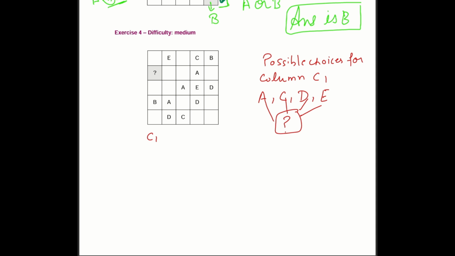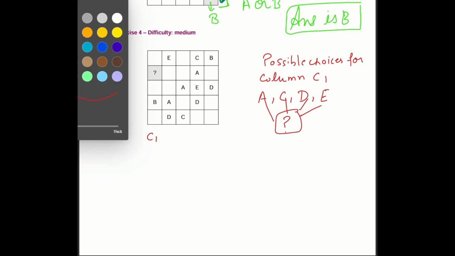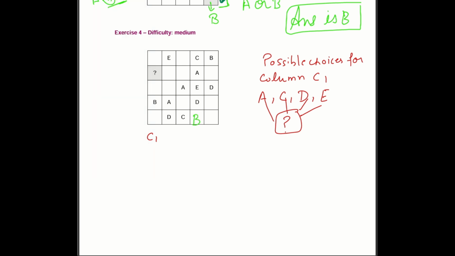So move with the column or row which has the maximum letters filled. So the answer would be B here. This is B.